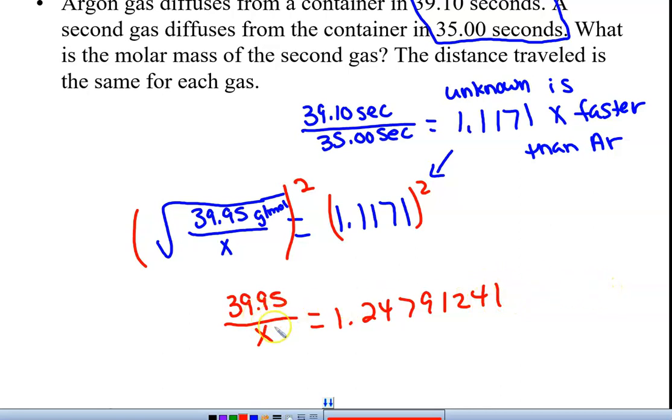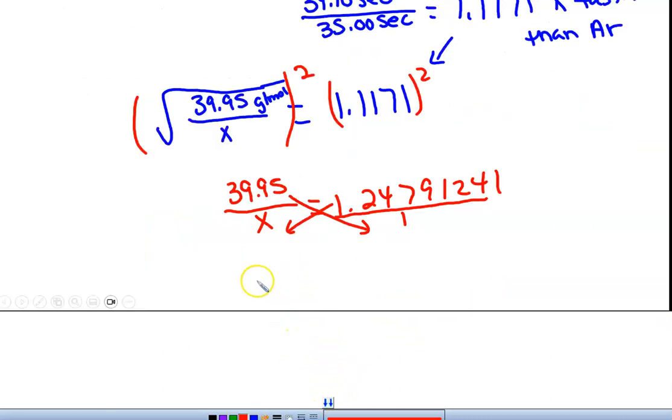So anytime your x is on bottom, it's called the reciprocal, and if you know what that is, that works fine. If you're not sure, you could put this guy over 1, and you could do some cross multiplication here, and that might help you. So you could see that you're going to get 1.2479121 times x equals 39.95.